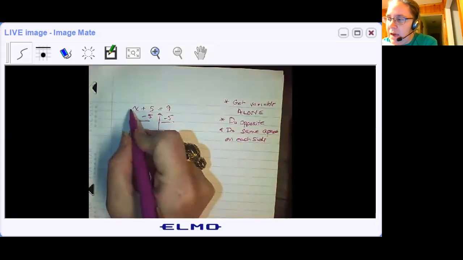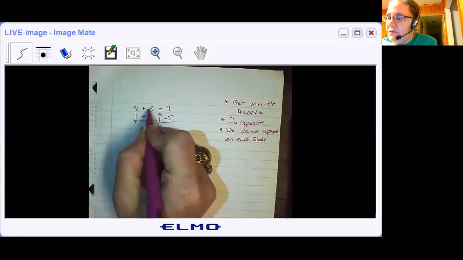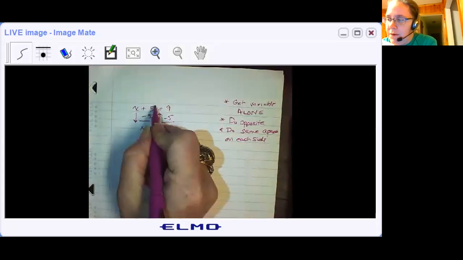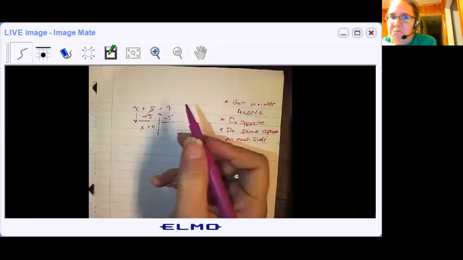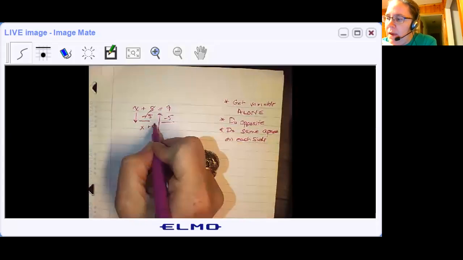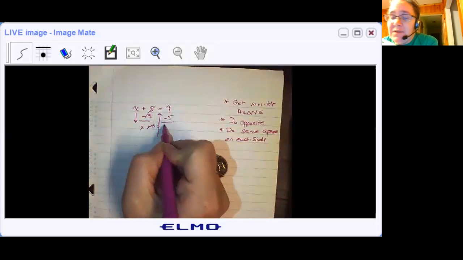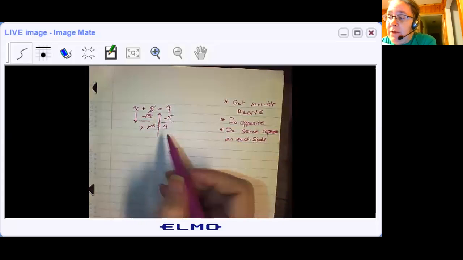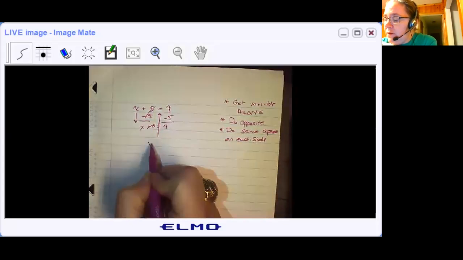I didn't, so the x comes straight down. 5 minus 5 gives me 0. Now I can write that plus 0, but mathematically, do I have to have that? No. The equals is right here. 9 minus 5 is 4. So I've proved that 4 plus 5 is 9. Okay, so x equals 4 is my final answer there.